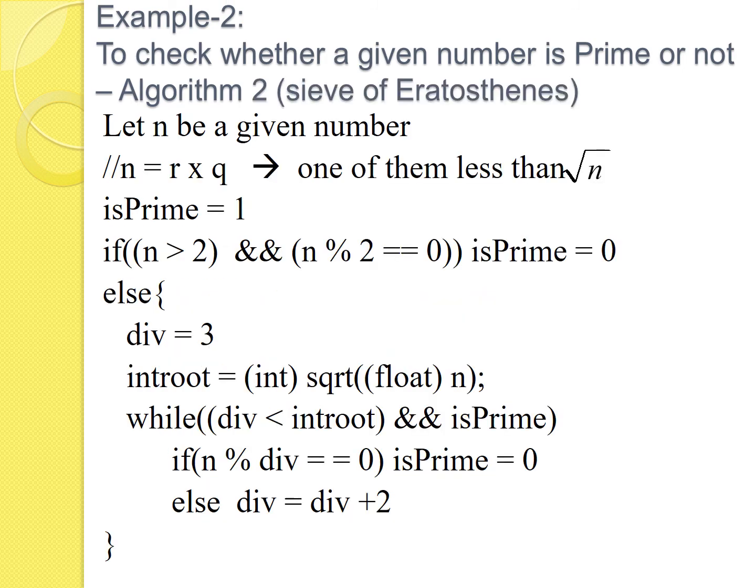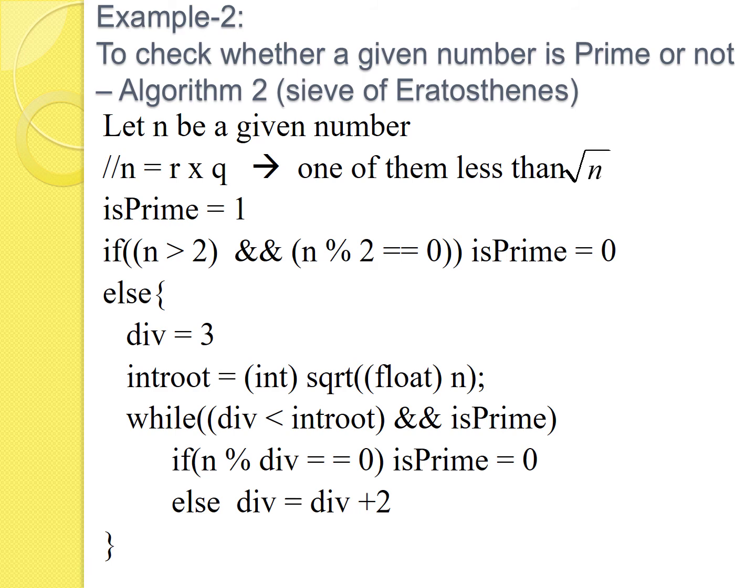Algorithm 2 to check whether a given number is prime or not is also called the sieve of Eratosthenes. In this algorithm, let n be a given number. The sieve of Eratosthenes uses the postulation that n can be represented as a product of two numbers r and q, where one of them is less than the square root of n.